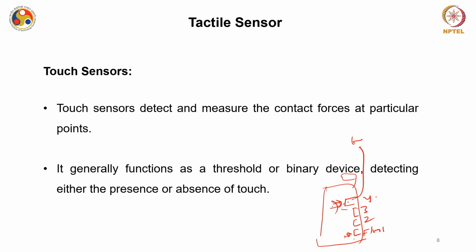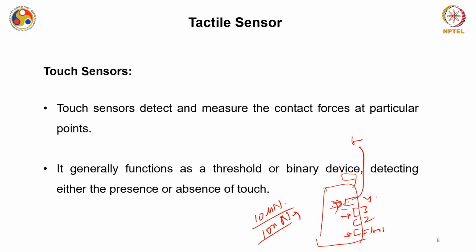So it will only respond to a force which is beyond a threshold point. Say for example, I have fixed for my elevator that if I apply say 10 micronewton force, or say 10 nanonewton force if it is very sensitive, on a button, then only it will respond.